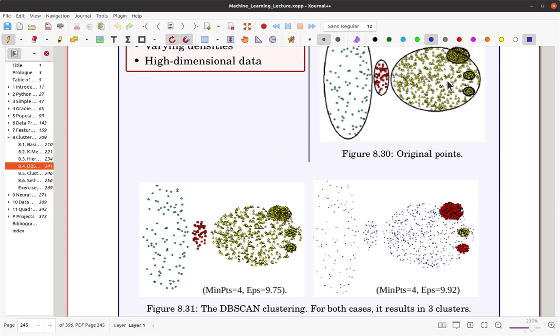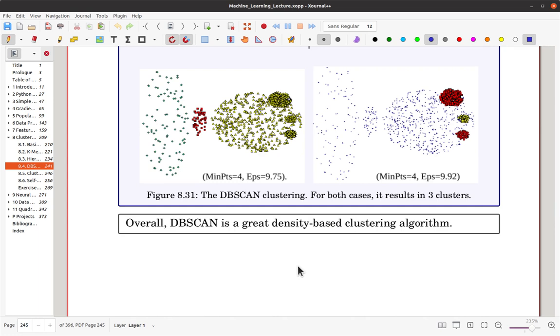There is a triangle shape, a square shape, and a cross shape. Now it is working quite well. However, if you choose epsilon slightly different, then the triangle shape is here, and that is now a square shape, and the remainder is the cross shape. So with a very slight change, you can get quite different output.